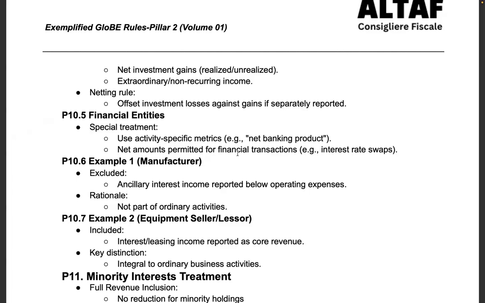So that's a net banking product performance. Net amounts are permitted for financial transactions, interest rate swaps, for example. The interest rate swap is fixed versus floating. So if there was any spread in between that, whether it was a gain or a loss, in either case it's the net result that is reported. That's a special treatment allowed in case of financial entities.